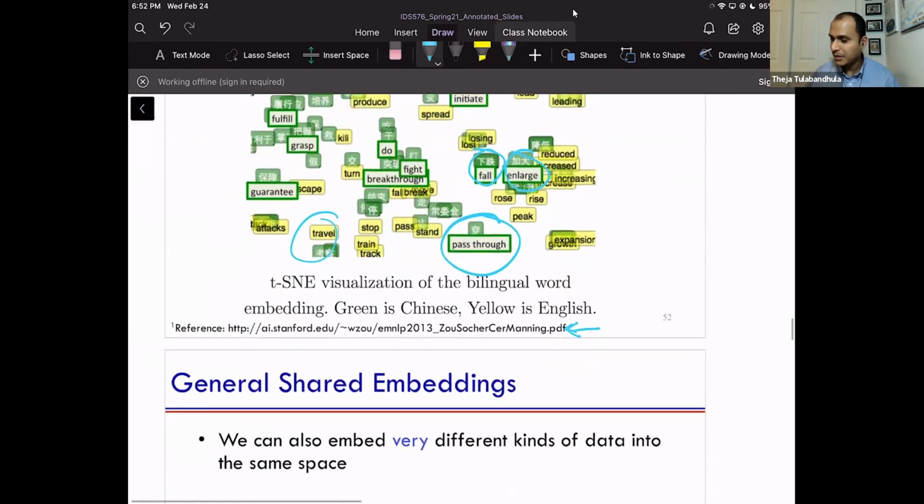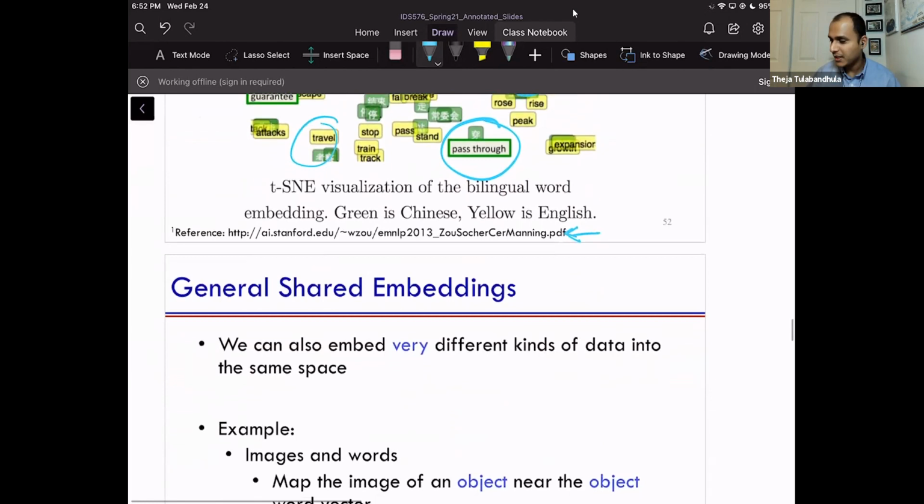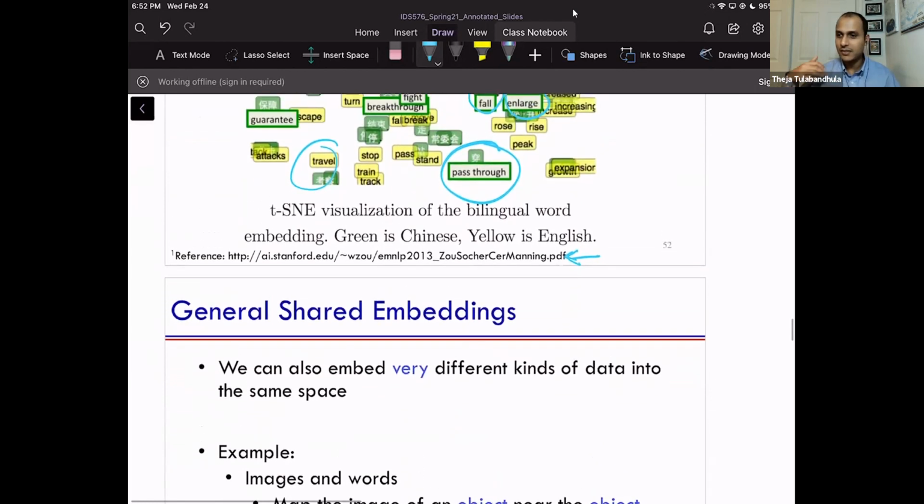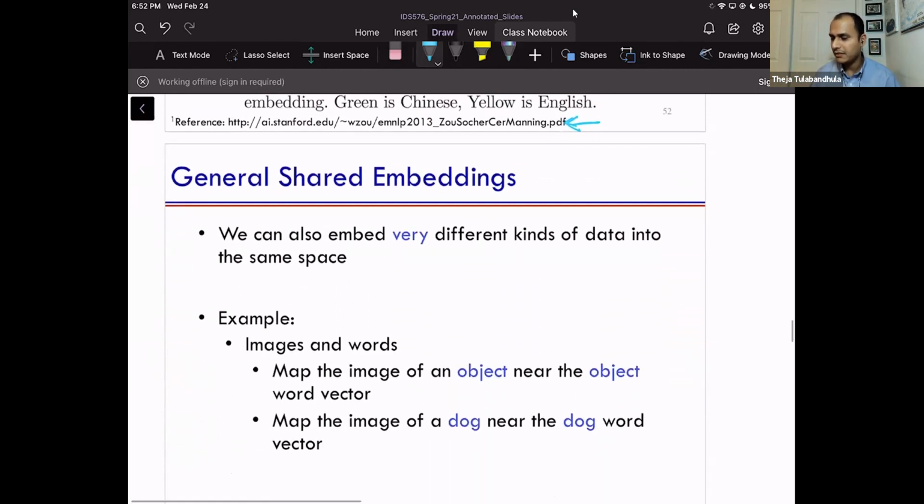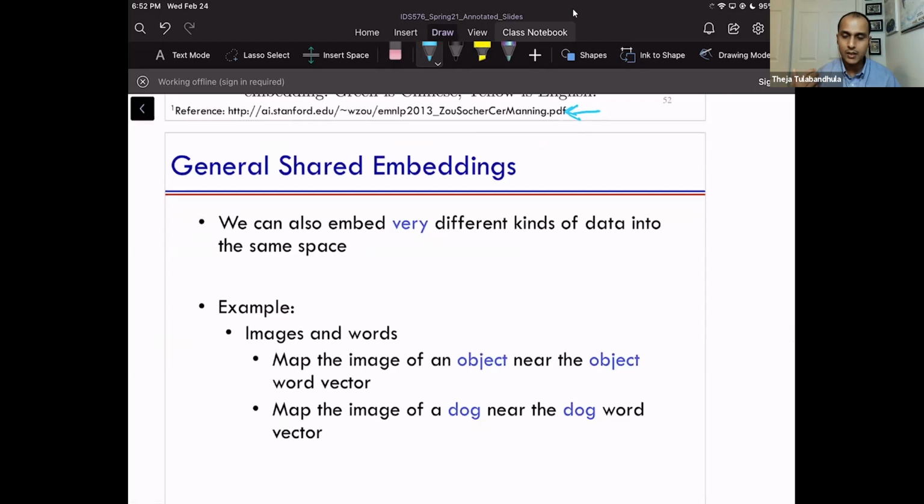That's one, a little bit more exotic, example of how to get not just embeddings of English, but also Chinese. But you'll see that one of the research labs has given word vectors for almost 100+ languages. So you can always download these embeddings for any language, including your native language, and start doing stuff related to your own language.